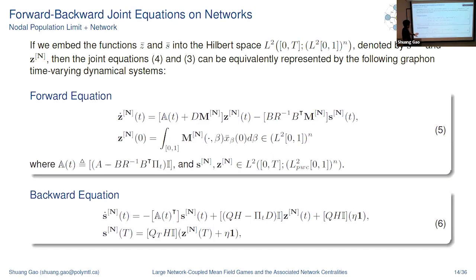So this is a more concrete representation of the process that we developed earlier. We have a forward equation and a backward equation. The forward equation characterizes the graphon mean field, the network mean field. You can write it in graphon ODE form, and the backward equation we can write in infinite-dimensional ODE form.